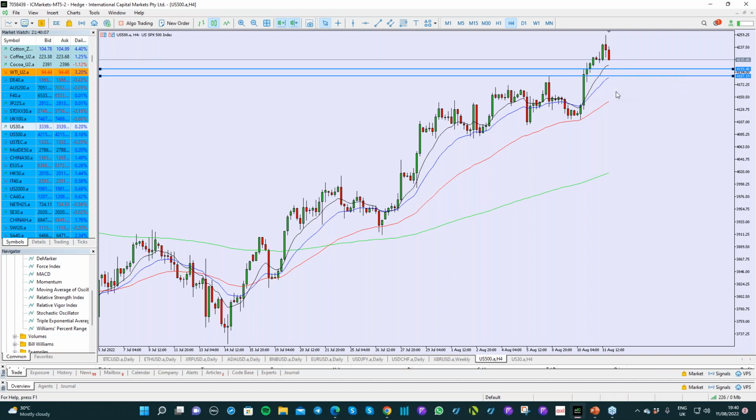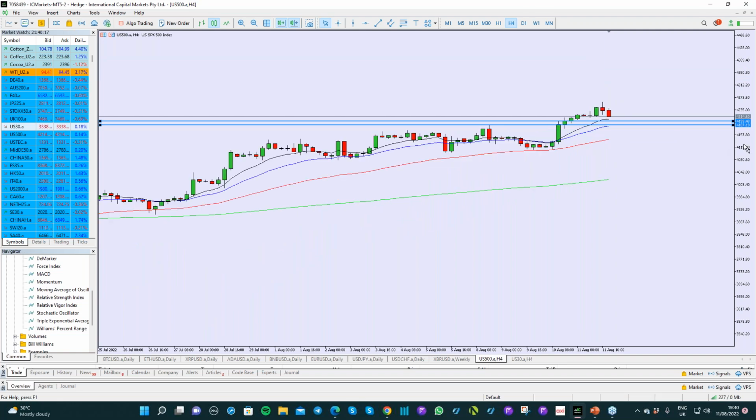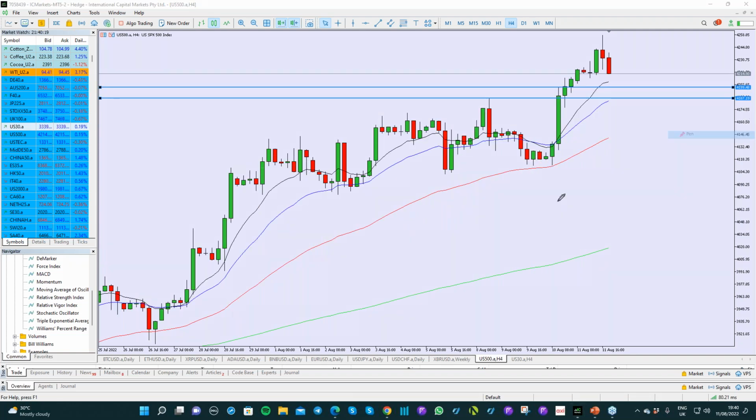I would then be looking for a buyer candle, a bullish candle, and I would be looking for that bullish candle to be of a small to medium size. So as an example, I would be looking for something like that, something like that, something like that. So these are kind of examples of candles I'd be looking for.